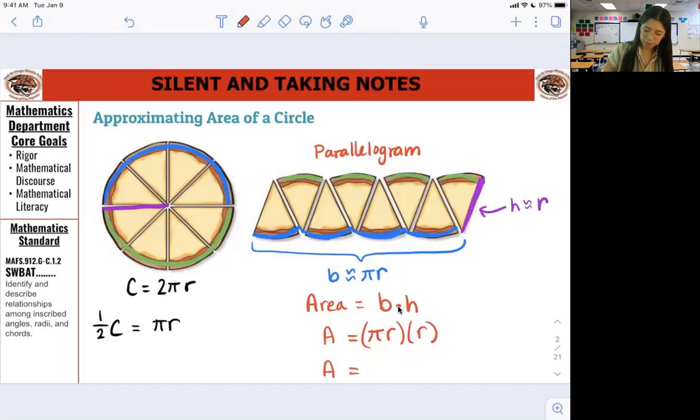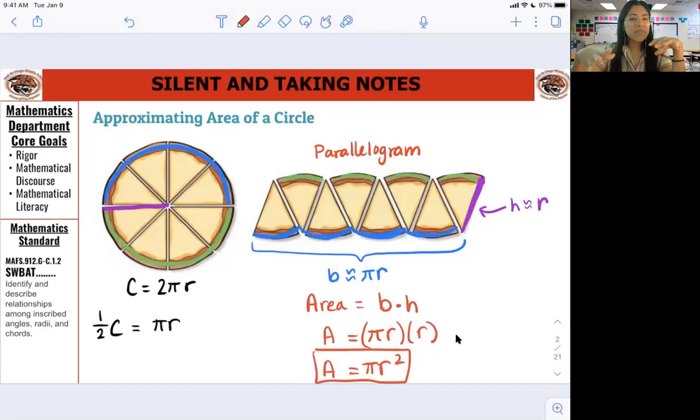Area equals pi r squared. So the idea here is that you can approximately get the same answer for area, by using what we call an approximation, by turning it into a parallelogram. You end up with the same formula.